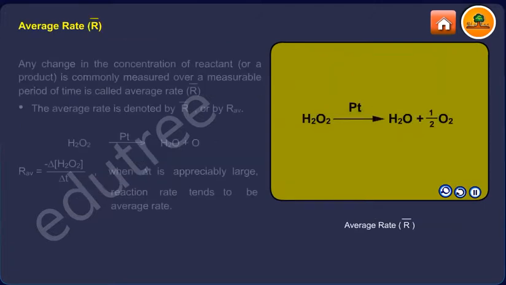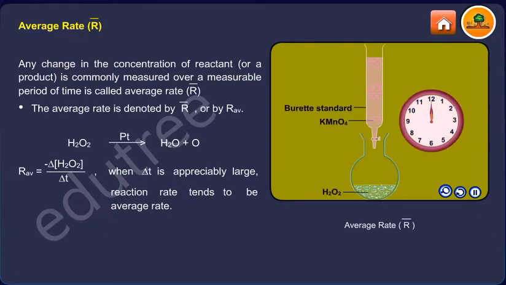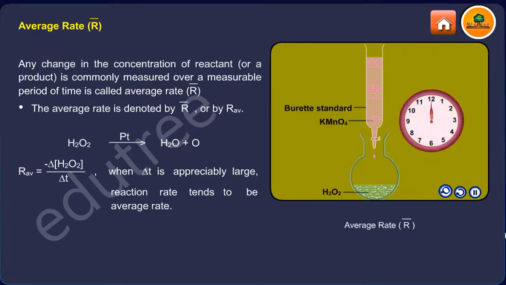Average rate. Any change in the concentration of a reactant that is measured over a measurable period of time is called average rate. The average rate is denoted by R bar or by R average. H2O2 dissociates in presence of platinum catalyst to give H2O and oxygen atom.